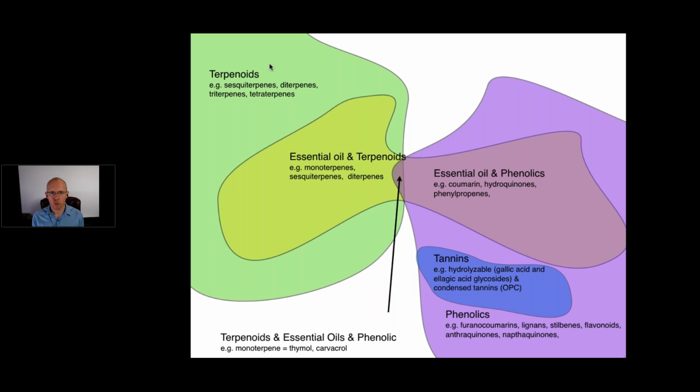And so you see there's a point where all these 3 categories overlap right in the middle where the arrow is pointing, and this would be something that would be classified as a terpenoid, as an essential oil, and as a phenolic. So oregano oil and thyme oil have various compounds that are monoterpenes that evaporate, so they're an essential oil, and they possess a phenol group on them. So it belongs to 3 of these categories that we've discussed.